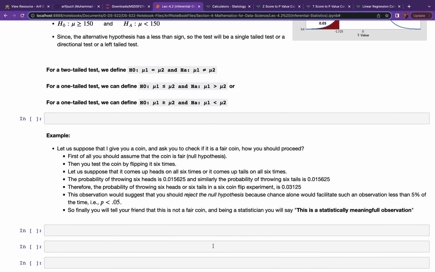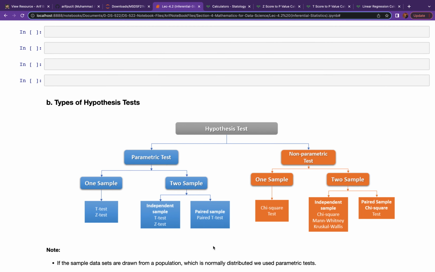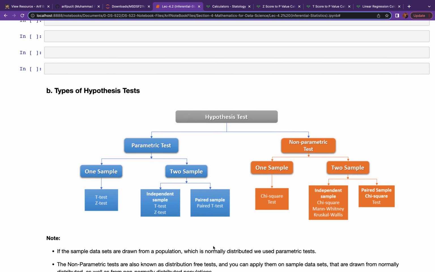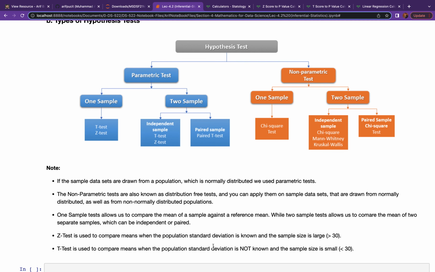Okay, now we know how to formulate the null and the alternative hypothesis and to gather the data. Let us now see the different categories of tests that you may come across while exploring the domain of hypothesis testing. My dear students, hypothesis tests can be categorized into two main types, parametric and non-parametric, based on the population distribution from which the sample is drawn.